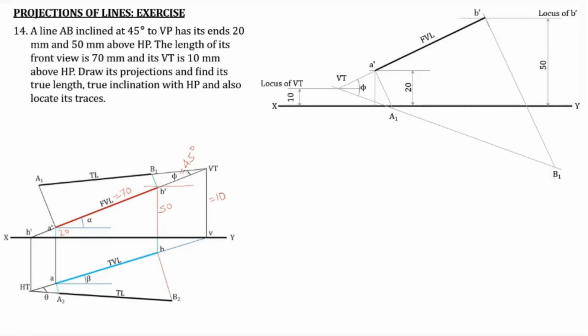So we obtain A dash B dash VT and this line and this line. These two lines are perpendicular to this A dash B dash line. So thus you can obtain these points A1 and B1. The distance A1 B1 will give you the true length.